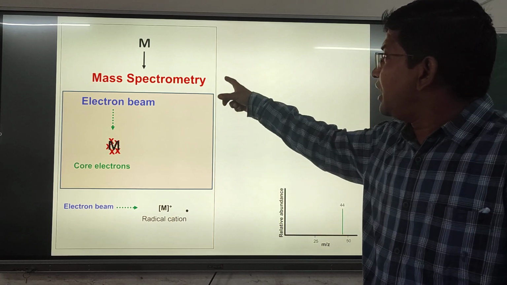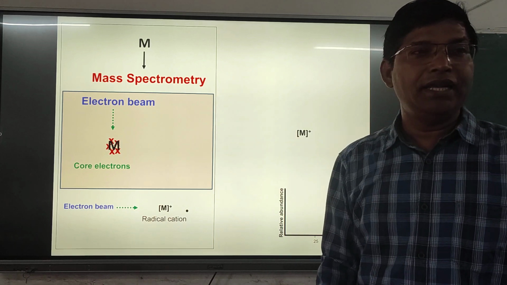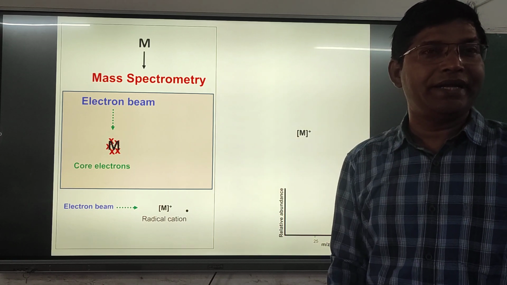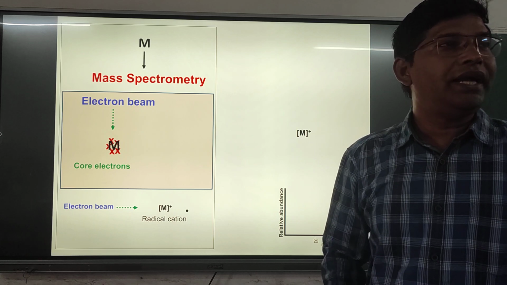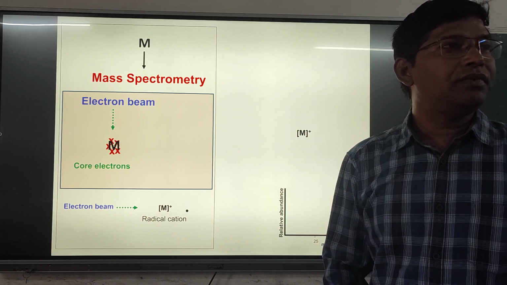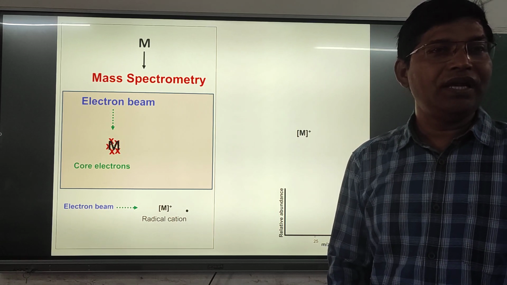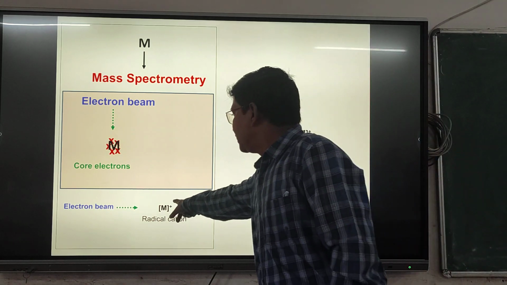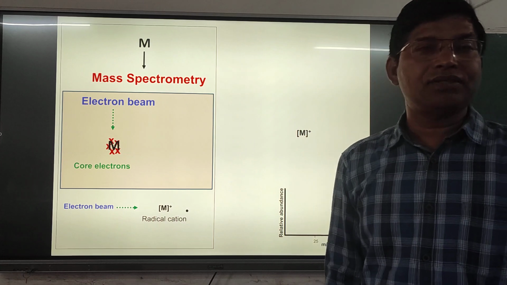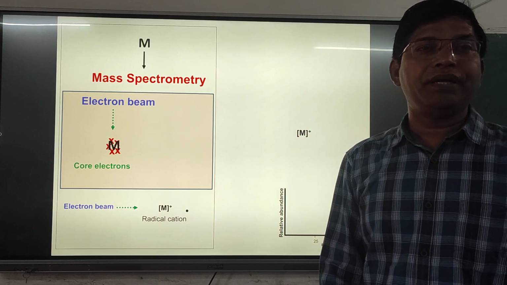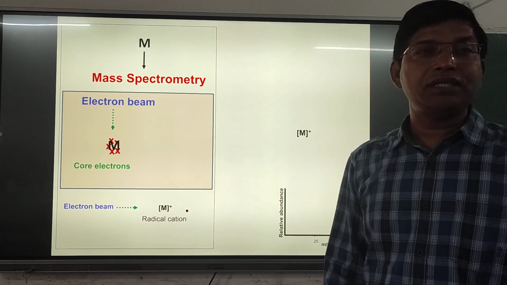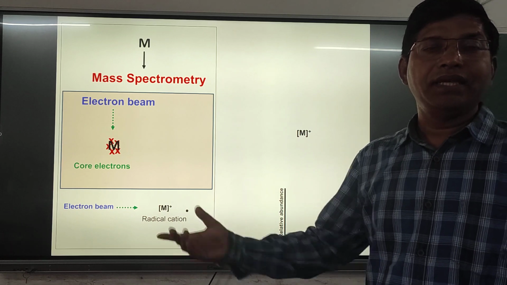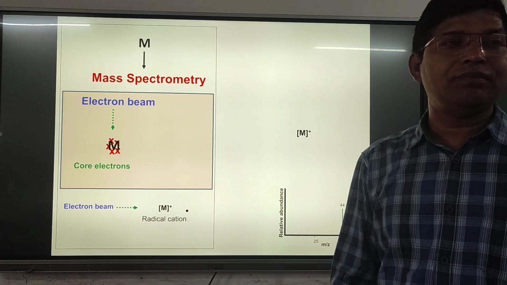The electron beam hits the element, and a core electron is evacuated out. Now there is a formation of M plus. Like copper will become copper 2 plus, sodium will become sodium plus, and calcium will become calcium 2 plus.